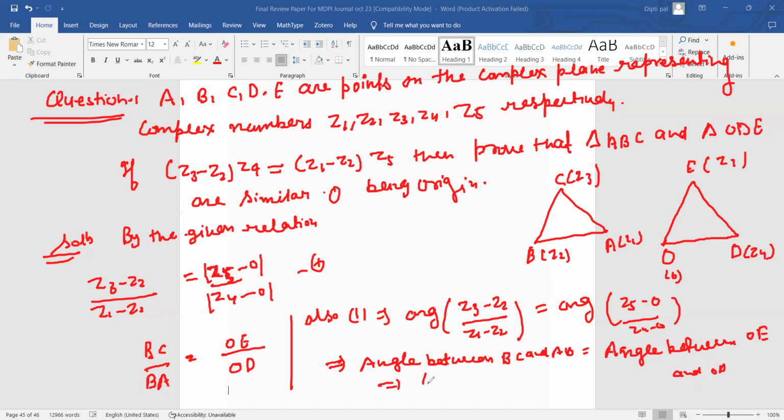This implies angle B equals angle O. So you know that these two sides are proportional and one angle is equal. So by the SAS convention, side, angle, side, these two triangles are similar.